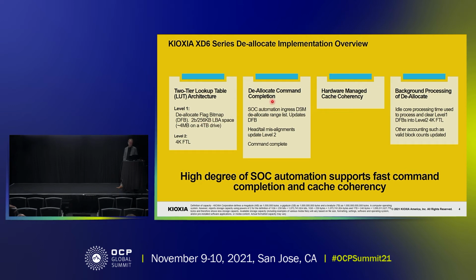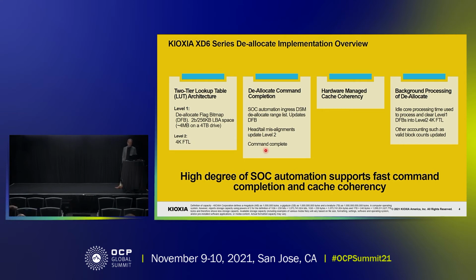So the deallocate command was automation ingressed into the SoC. The range list was processed using hardware automation and updated this deallocate flag bitmap. The only exception is if we had any deallocate lists that didn't align to 256K, we would have to go into the level 2 table and update the 4Ks, and then we could issue command complete quickly.